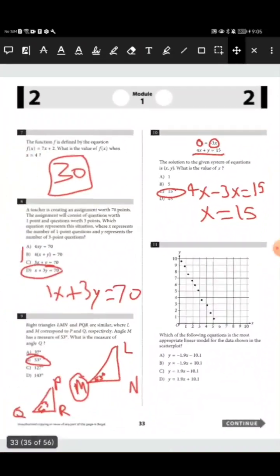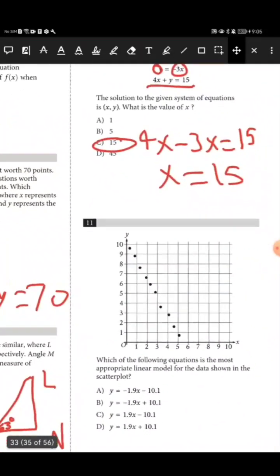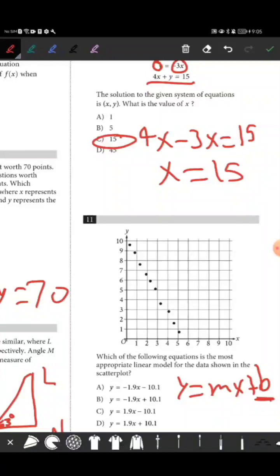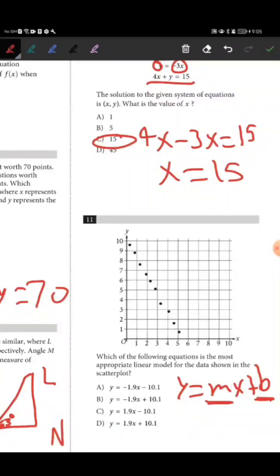Question number 11. Which of the following equations is the most appropriate linear model for the data shown in the scatter plot? So he wants the equation for this scatter plot. So y equals mx plus b, where b is the starting point, where x equals 0, and m is the slope.